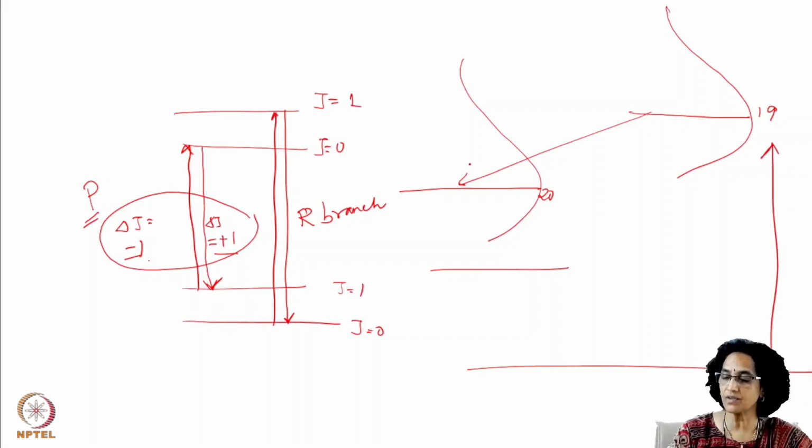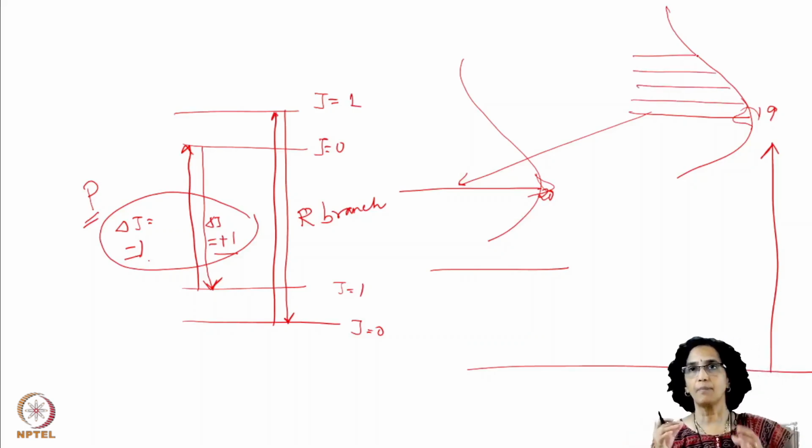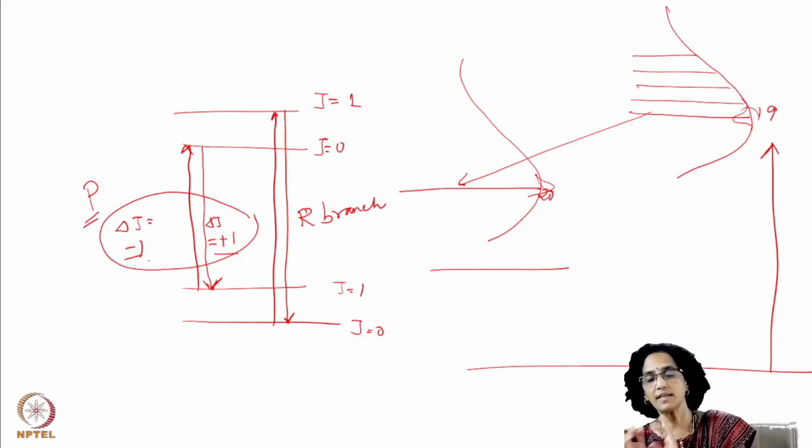Now, when this transition is taking place, the population here is reducing, and the population here is increasing. But you see, these rotational levels are very closely spaced. The separation between these rotational levels is a few centimeter inverse, much less than kT.